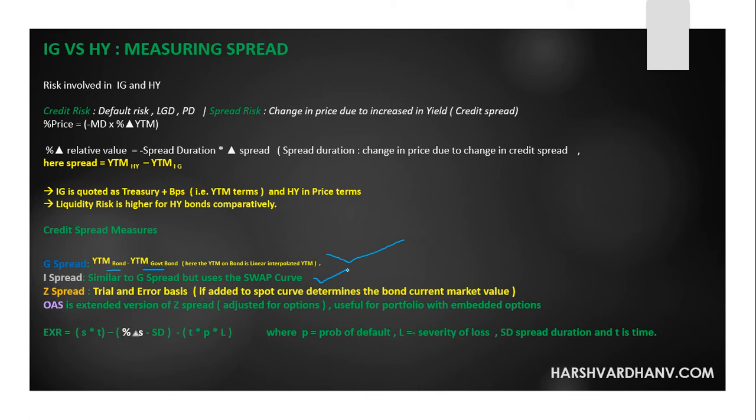It has more flexibility compared to the traditional yield curve. Z spread is such a spread which, if added to the spot curve, determines the bond's current market value, on a trial and error basis. Option adjusted spread is the extension of Z spread, useful for portfolios with embedded options. Nothing different. We have done this in L1, L2 n number of times.